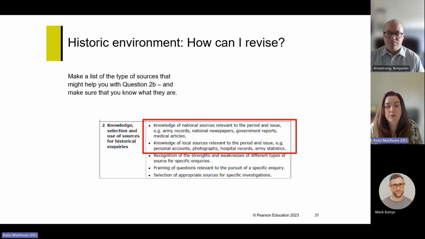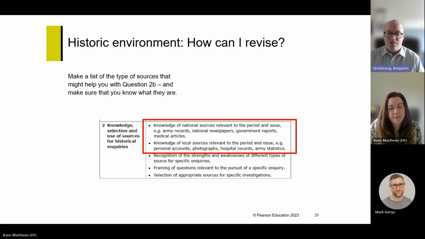So if, for example, you're studying Notting Hill, go and read some personal accounts and pick up on some of the tone and language used and what that tells you about Notting Hill at the time. Look at photographs, look at newspapers or whatever there is in the specification of the different types of sources that the examiner is really recommending that you have a look at.